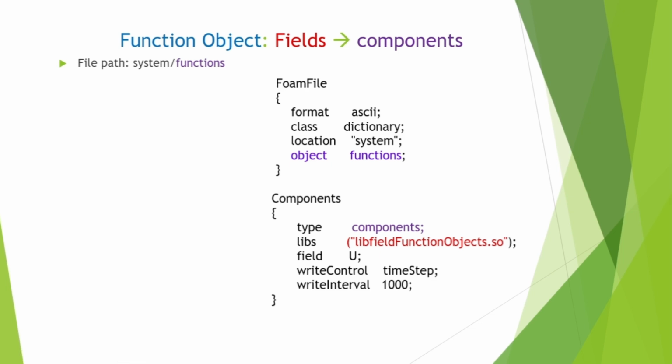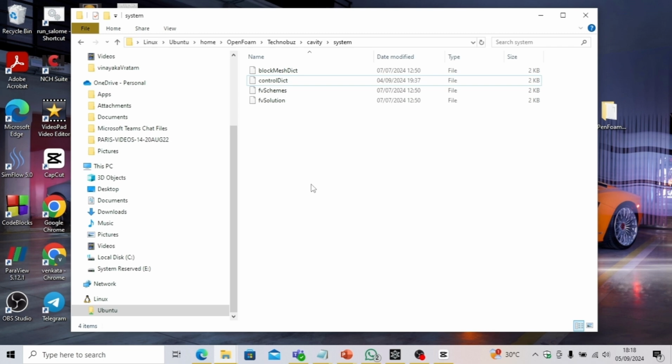Now let us write the file functions. We need to add the file functions to extract the velocity components. Now let us just copy one of the files here, copy paste it and rename this file as functions.